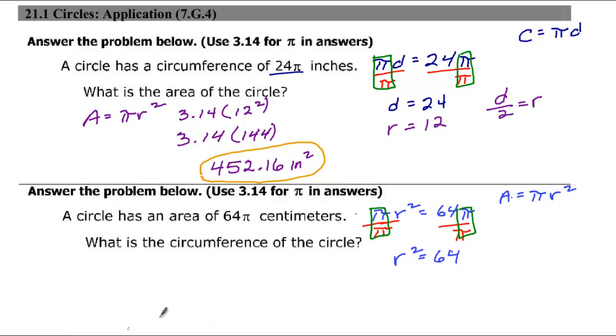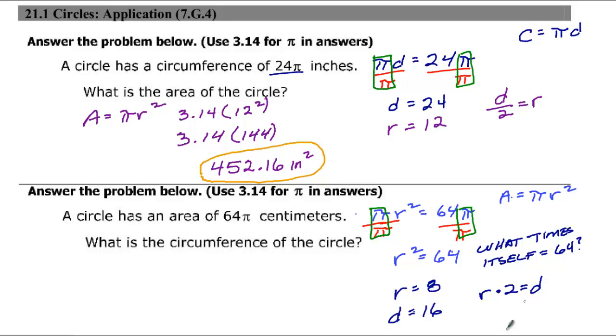So what number times itself equals 64? Well, that would be 8. So we know that the radius itself is 8. And if the radius is 8, the diameter is 16, because radius times 2 equals diameter.